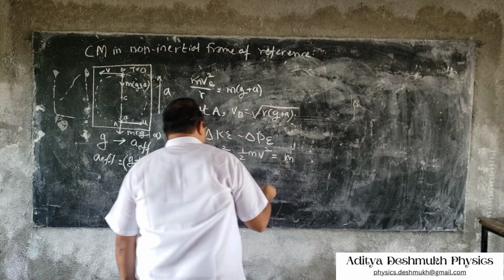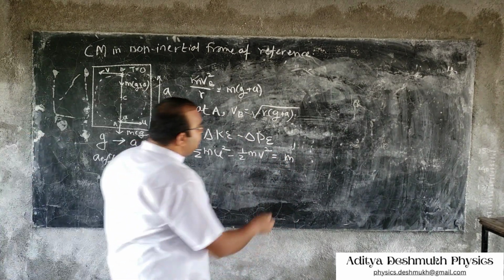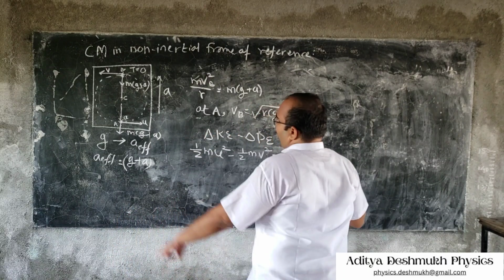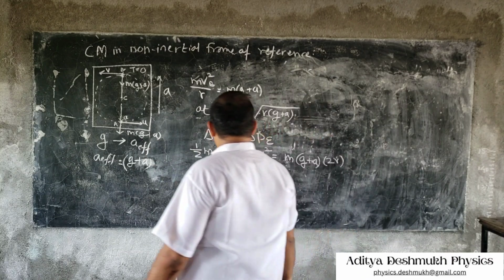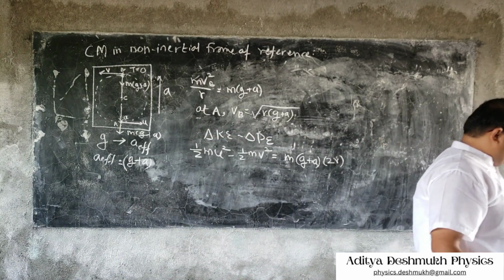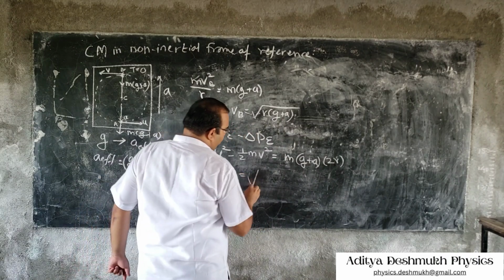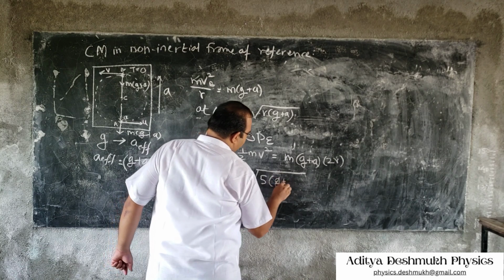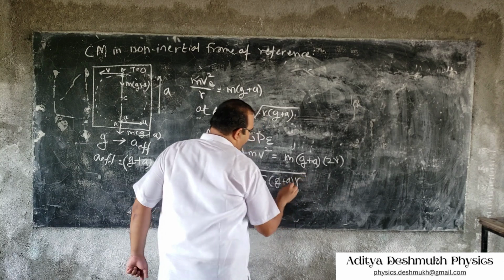Now here, rather than g, we will have to use effective acceleration, that means g plus a, into h. And what was our h here? 2r. So if I put the value of v, which is root of r into g plus a, here, I will get u equal to root of 5 into g plus a into r.